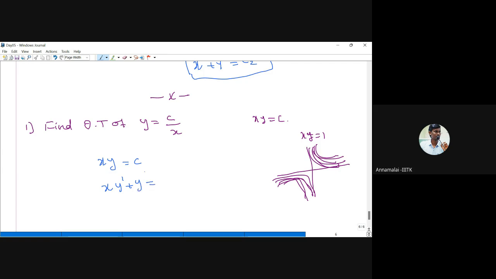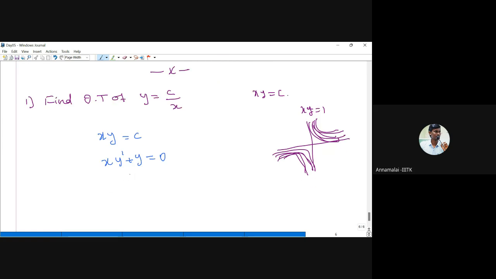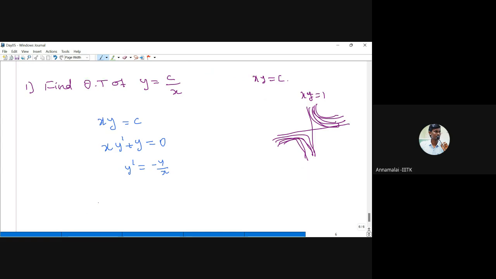Therefore equal to the derivative of c, which is 0. Therefore what is y dash? We get y dash equal to minus y by x. Now we have to replace y dash by minus 1 by y dash and then consider the new equation. So the new equation is minus 1 by y dash, and the right hand side is the same thing, minus y by x.